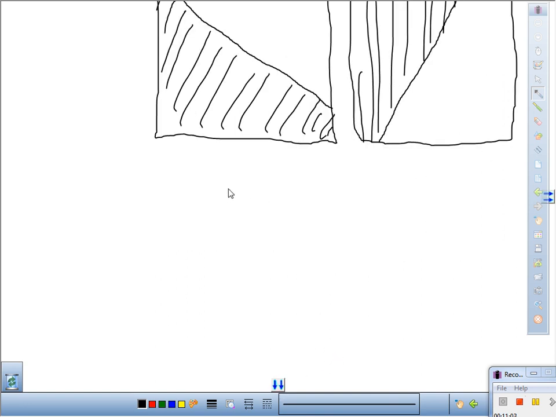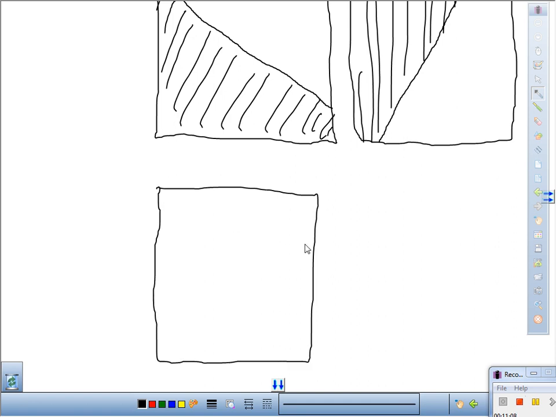Okay, a couple more. Underneath, I want you to draw another rectangle. Okay? So check this out. Let's do one very similar to that one.